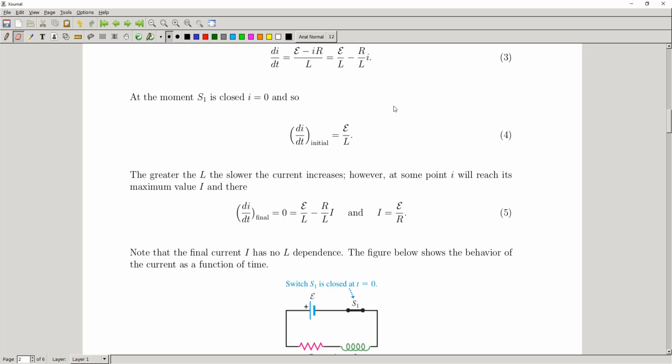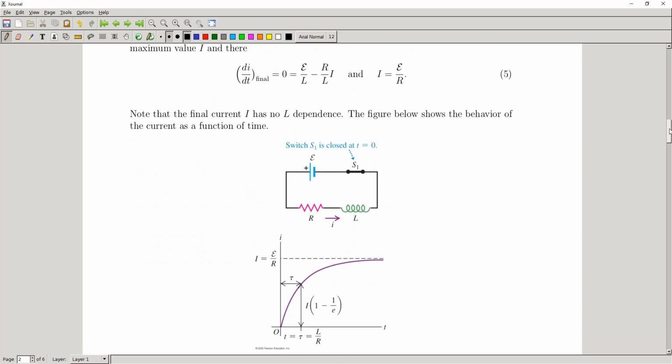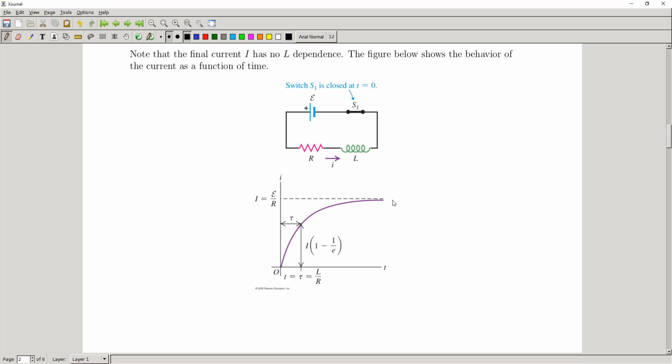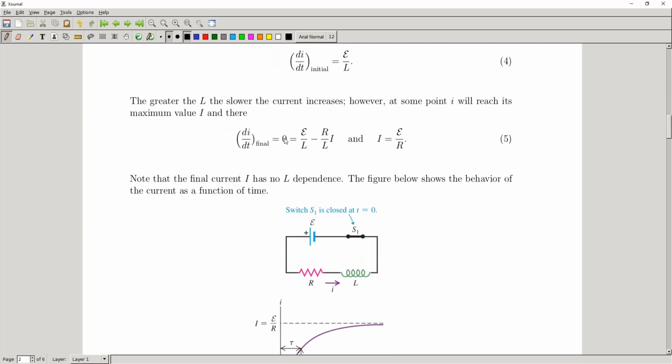And then as our time gets long, as we end up way farther out, and the time is getting very long over here, we're going to end up with basically a straight horizontal line across like this, which has zero slope to it, right? So we expect a di dt of 0 there.